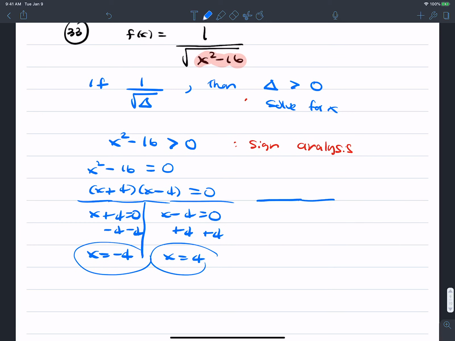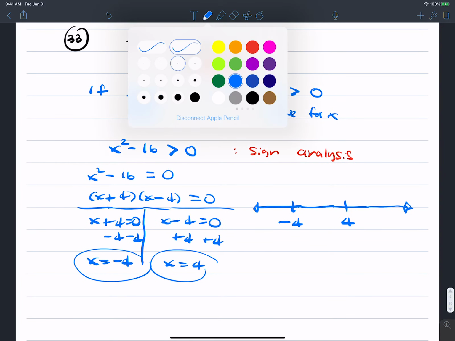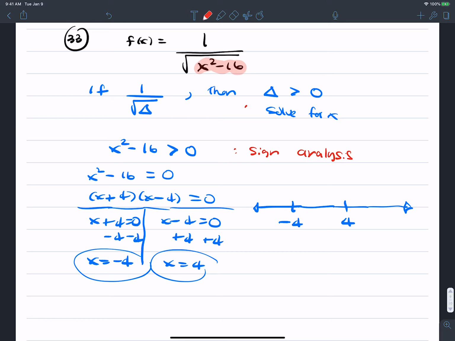Let's take a look at how this is really going to work now. Let's be careful here. In the past, you located negative 4 and positive 4, and you said, okay, at these values, our quadratic equals 0. Now, it certainly does because we just solved the quadratic. But the quadratic is in the denominator now.